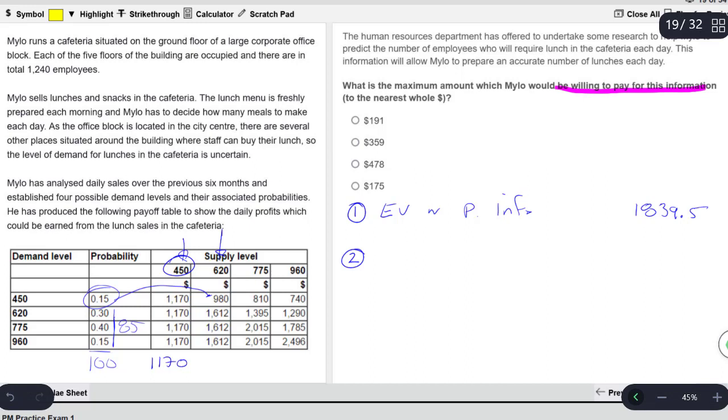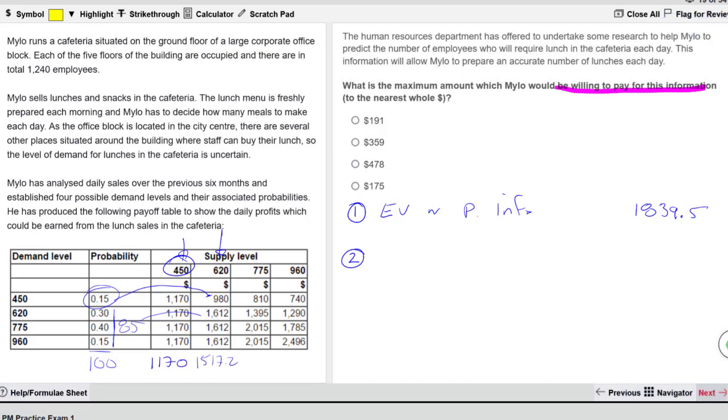So I multiply 85% times the 1612. So 15% of 980 plus 85% of 1612. And that comes to 1517.2.